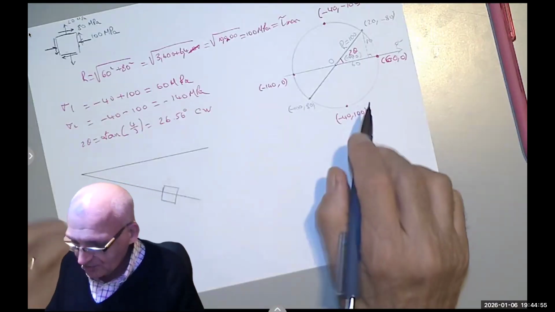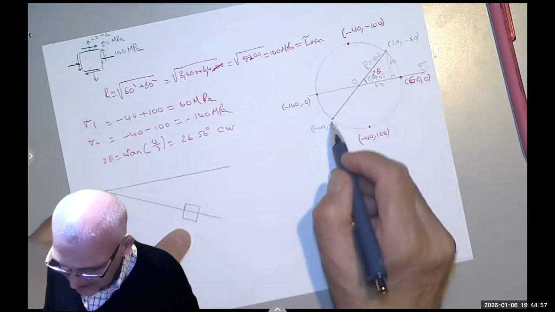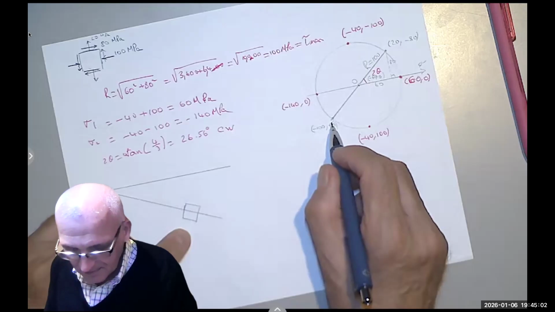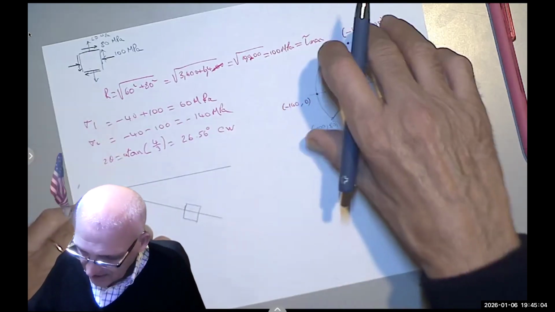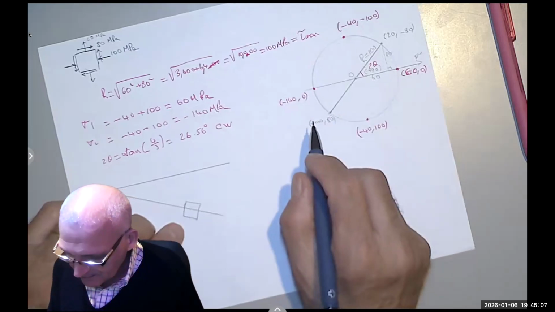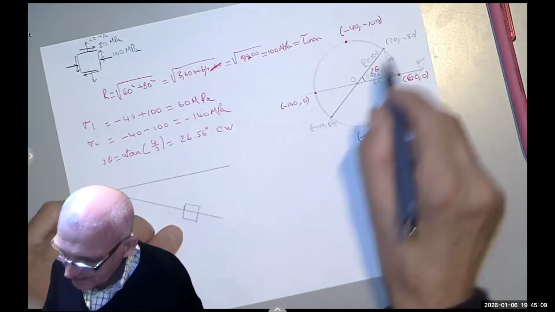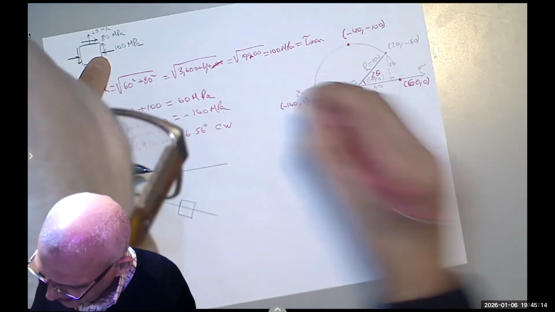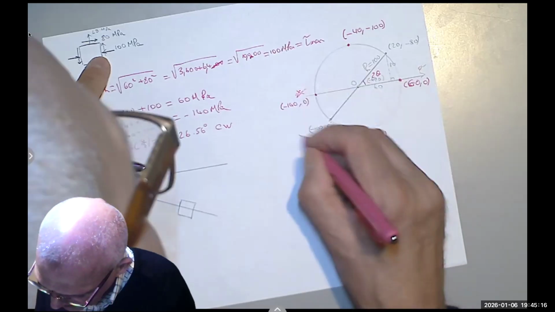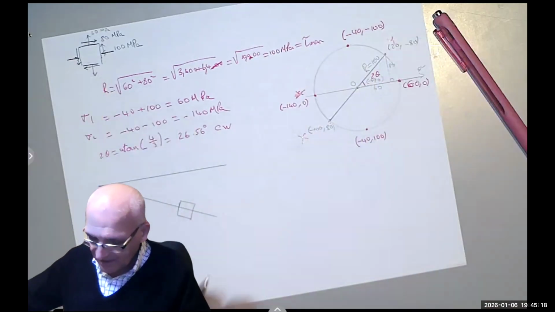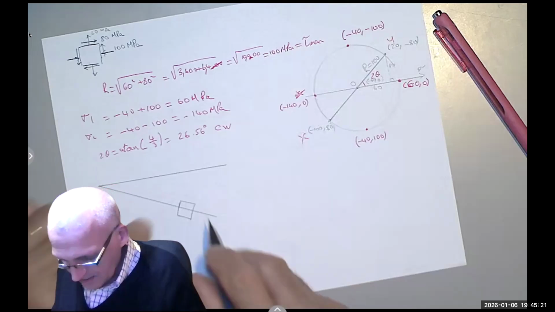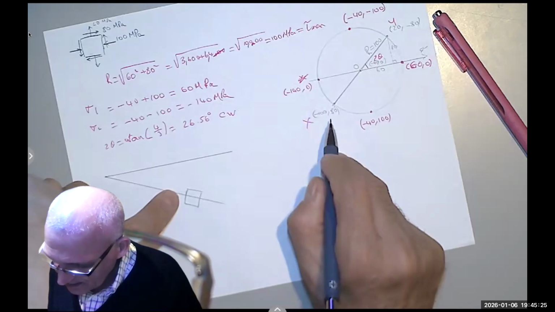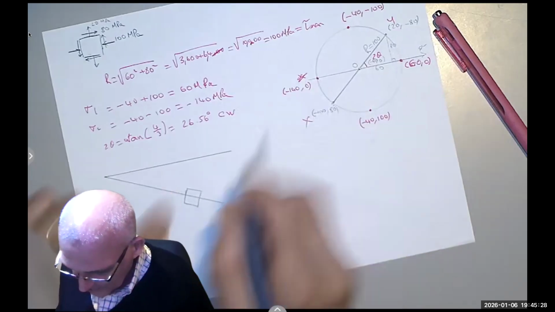Okay, so notice that was the X, right? So when I rotated clockwise, the X, so again, let me say this is the X, this is the Y. So when I rotate, the negative 100 became negative 140.